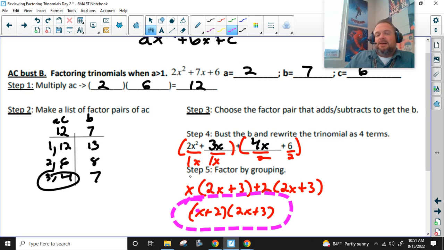You see how I said what's the GCF between 2x squared and 3x? Y'all said 1x. So it's right here. I'm dividing it out, and what's in the parentheses is what's left. What's the GCF between 4x and 6? Y'all said 2. I put the 2 here. I divided it out.